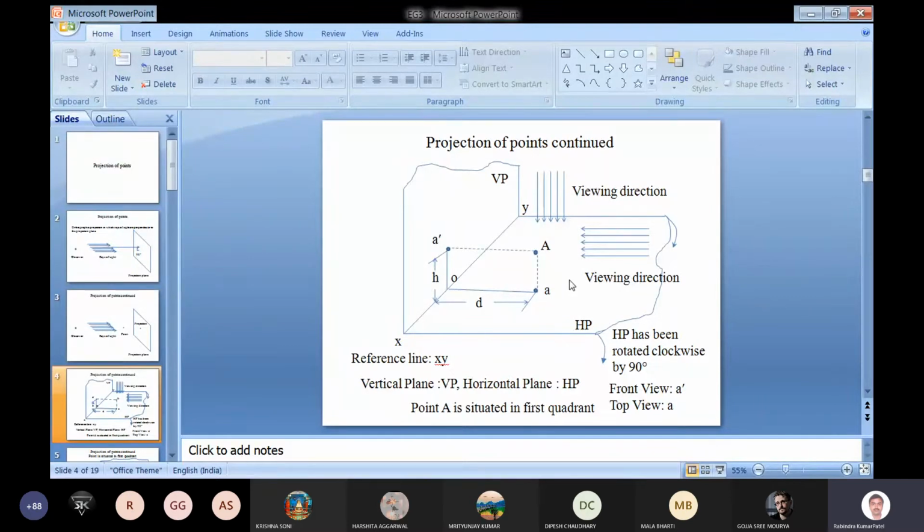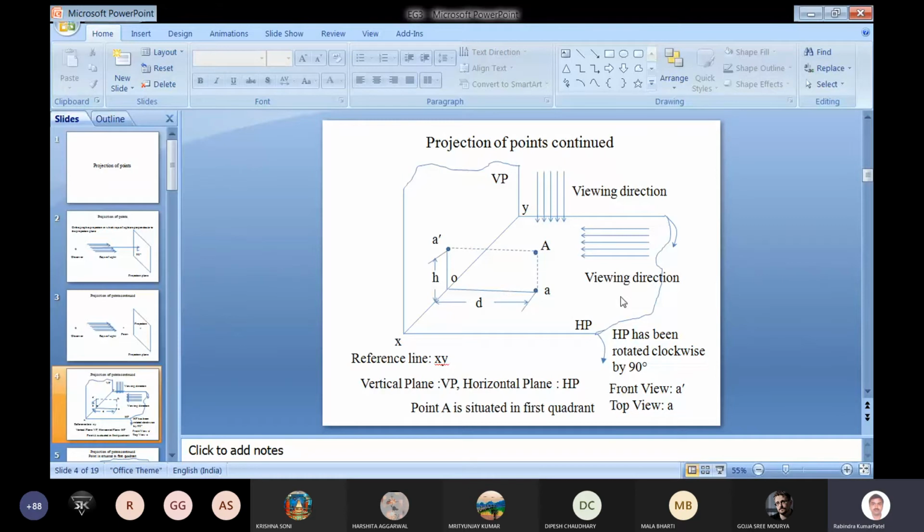How will we show it on a single plane? We rotate the horizontal plane in the clockwise direction by 90 degrees. Here you can see the direction of the rotation. We rotate this horizontal plane so that we get the vertical plane and horizontal plane in a single plane.